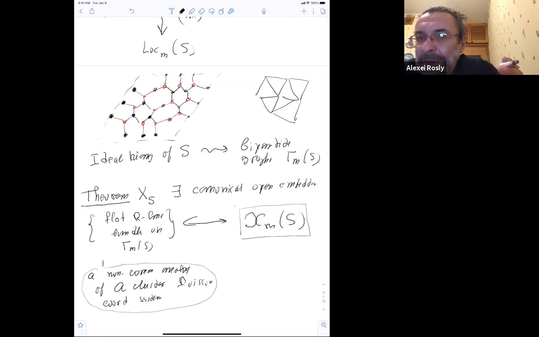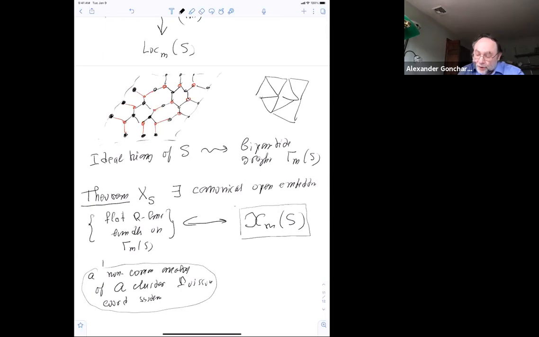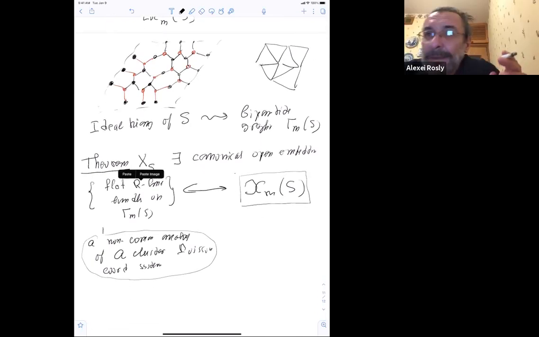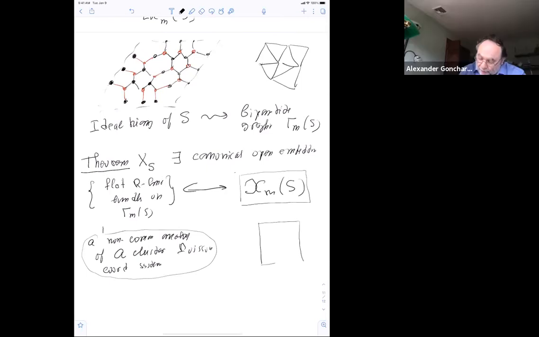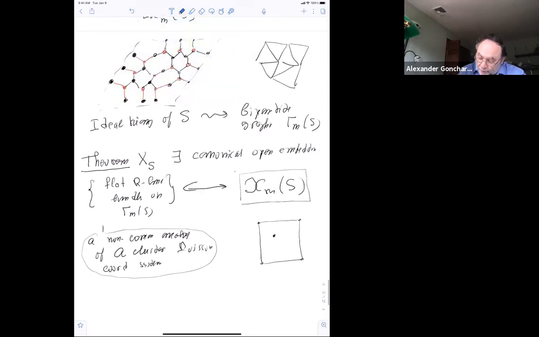But then I don't understand the embedding. I just explained the embedding. Let me give an example. You take a punctured torus. Let's say you take a twice punctured torus. This means that you glue the torus this way, and these points you glue together. This is one puncture, and then you put another puncture inside. Then you consider a triangulation of the surface, called ideal triangulation, because all vertices of the triangulation are at the punctures.